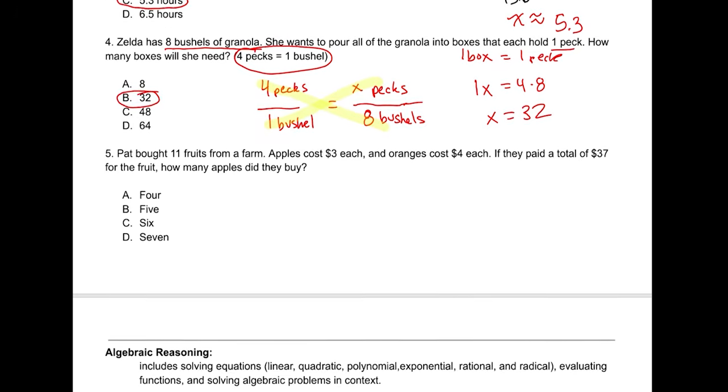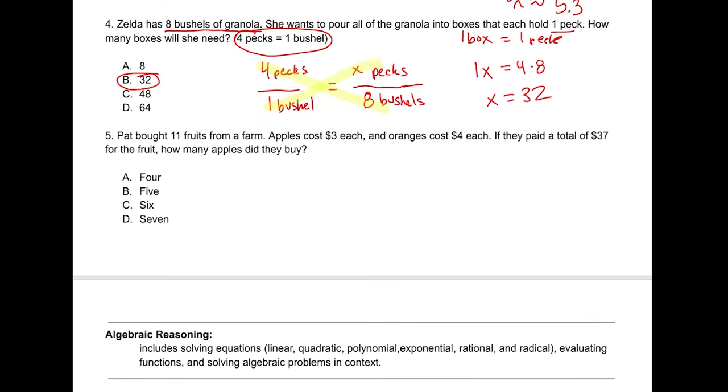Number 5 says Pat bought 11 fruits from a farm. Apples cost $3 each, and oranges cost $4 each. If they paid a total of $37 for the fruit, how many apples did they buy? Well, if we know that there's a total of 11 fruits, then if these answer choices are the number of apples that Pat bought, then we can say how many oranges Pat bought, because there's a total of 11.